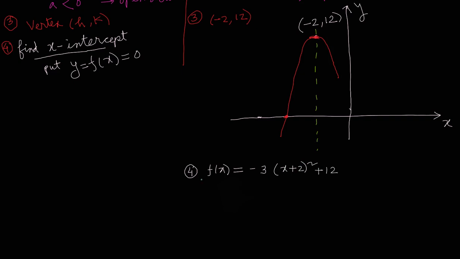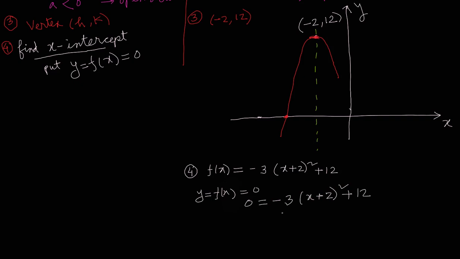As I want to find the x-intercept, I'm going to put y, which is function of x, equal to 0. So I got 0 equals -3(x plus 2) square plus 12.